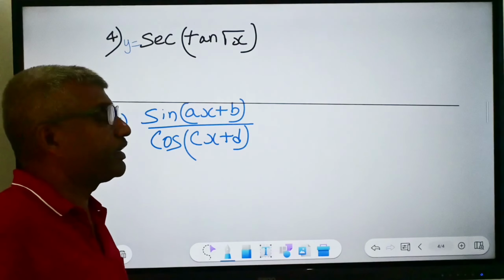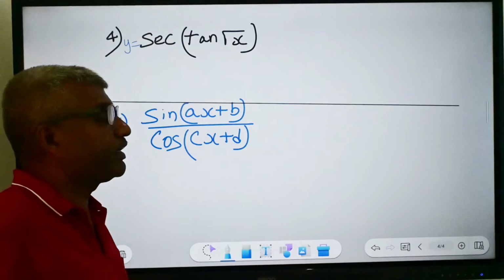Okay. Now we differentiated secant only. Then again we have to differentiate tan root x. Tan x, what is the differentiation? Secant squared x. So secant squared root x.